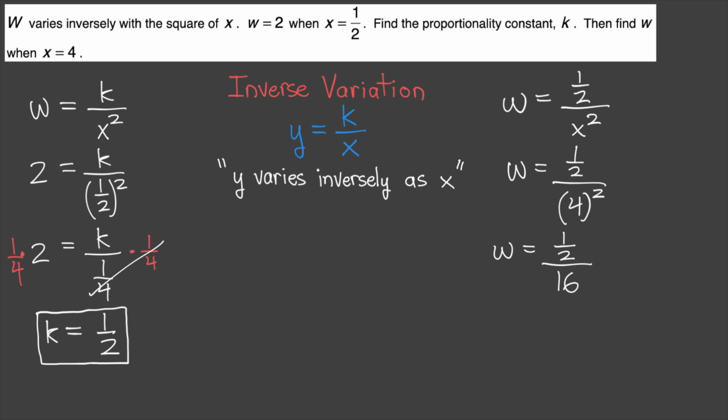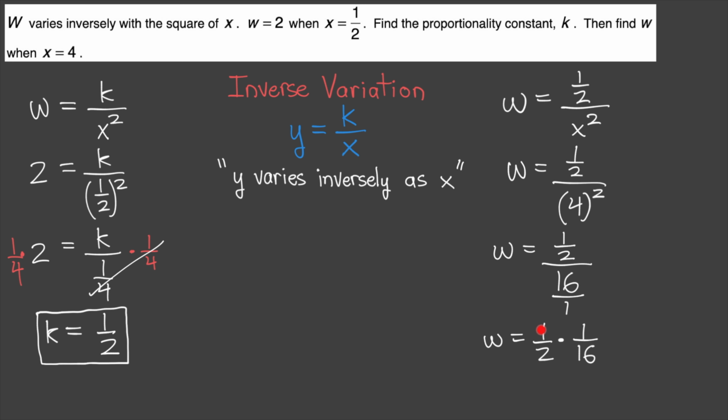Now what I like to do to simplify, whenever I have a fraction over a fraction, and we can make the 16 over 1, what we do is flip and multiply the bottom to the top. So we're going to flip the 16 over 1 to the top and then multiply. So we go 1/2 and then times, and we flip the 16 over 1 to get 1 over 16.